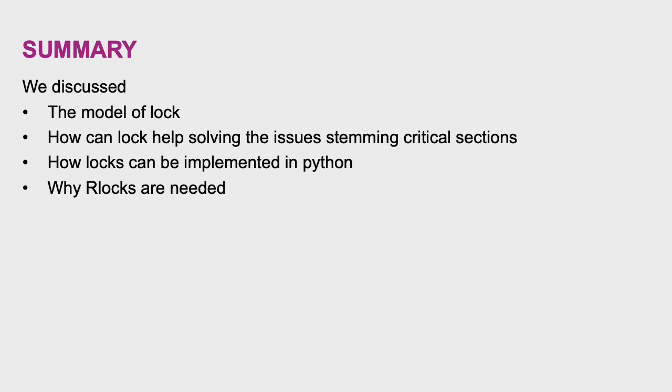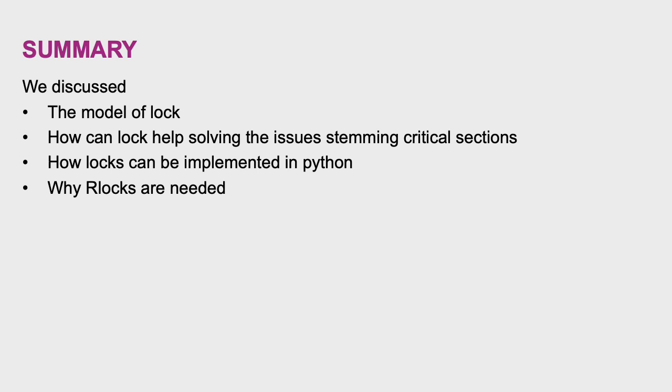Then we studied locks in Python, and we introduced rlocks, reentrant locks. They have the same interface. They work the same way. The only difference is that reentrant locks enable a thread to acquire the same lock a multiplicity of times. It's something that's useful.